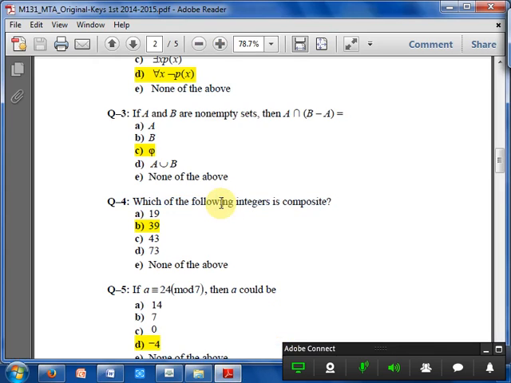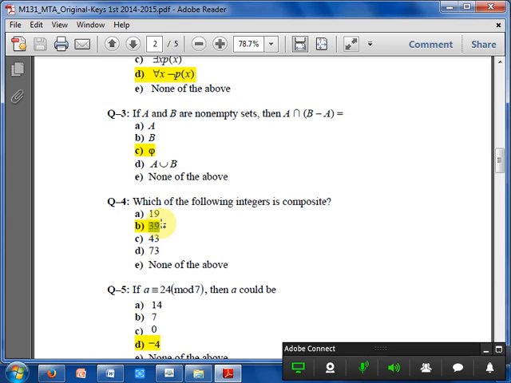So which is the composite number here? You try to divide 19, you cannot divide by any other number. 39, you can divide it with remainder 0. By 2 is not possible.